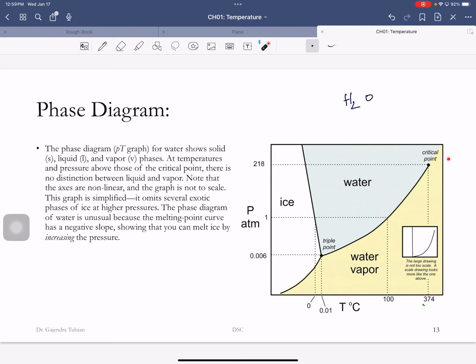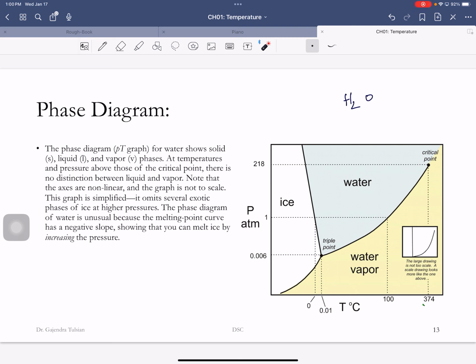As you decrease the temperature at constant pressure, above that pressure you can't tell when the vapor became liquid. So that's a critical point. Here you can tell the phase transition, moving along this line from vapor to liquid phase. But about this point, you can't tell.